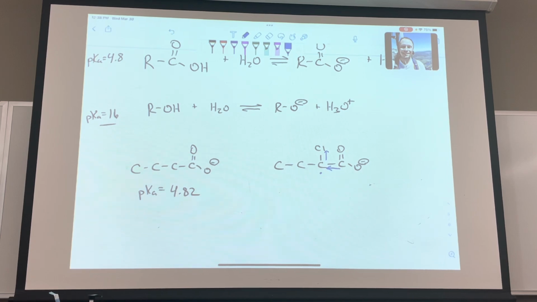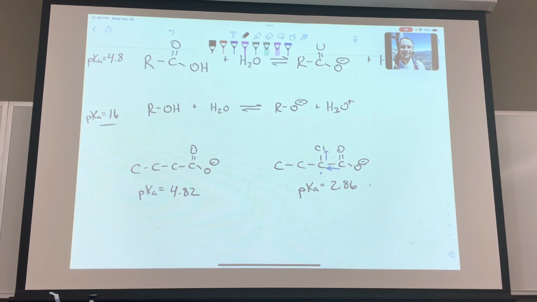So there's an inductive effect by having that electronegative atom so close to the carboxyl group. And this affects the acidity. This guy has a pKa of about 2.8, simply by putting the chlorine close.